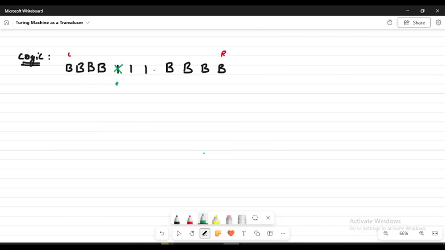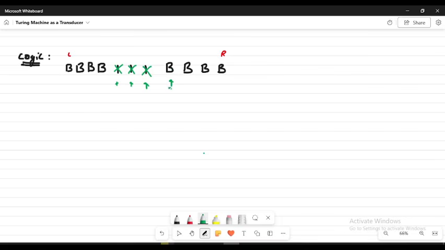Then I move in the right direction. Again I see one, I make it x, and move right. Again I see one, I make it x. Then suddenly I hit the blank. Then I will turn left.